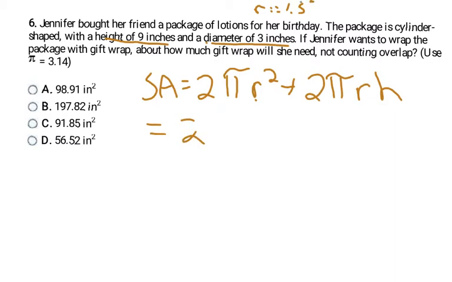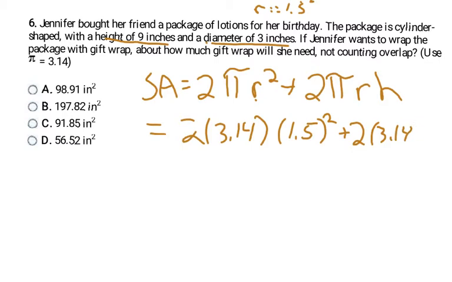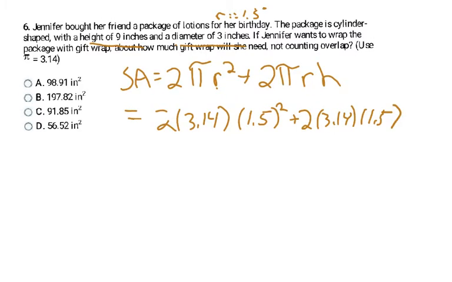So I'm going to take 2 times 3.14 times 1.5 squared plus 2 times 3.14 times my radius, which is 1.5, times my height, which is 9. And if you have a smart calculator, you can just type this all in and get your answer.